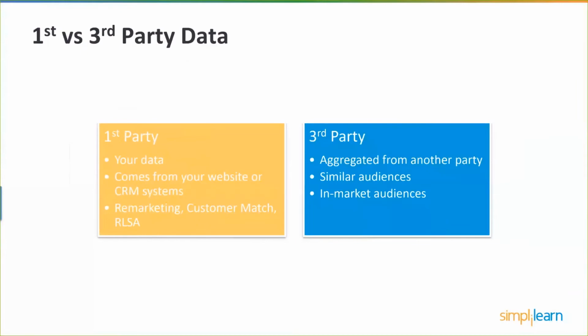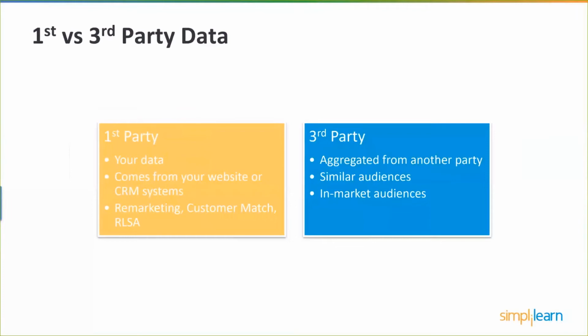So when we get into audiences, we also have to think about first versus third-party data. First-party data means it's your information. You created the targeting method based upon information on assets you control. So with Customer Match, this is first-party data that comes from your website or your CRM system.